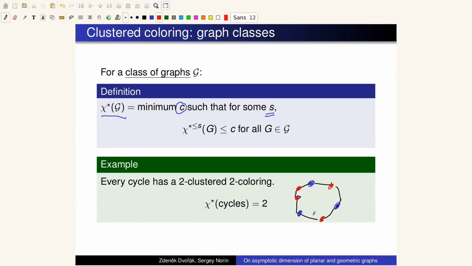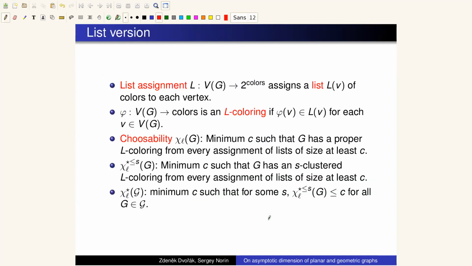And therefore, if you take the class of all cycles, it will have clustered chromatic number 2. So this was a trivial example. I will speak in a moment about more interesting results about clustered coloring.